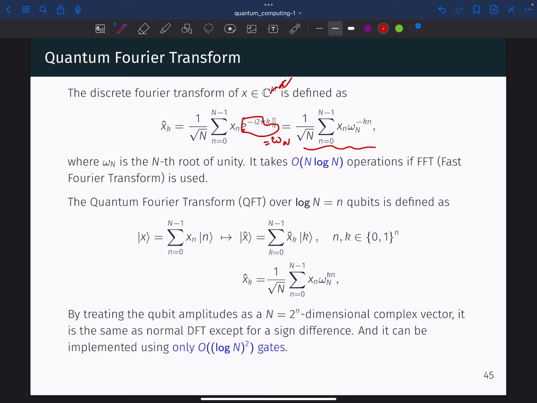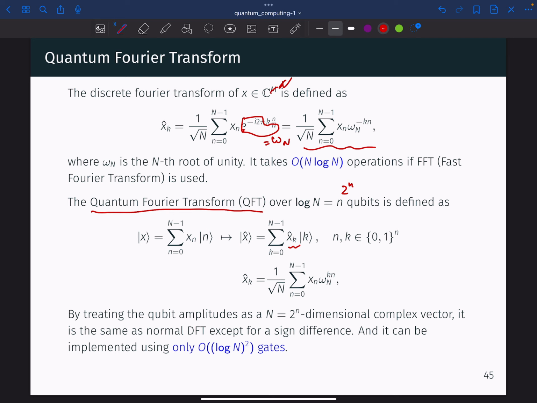Now, we can define the so-called quantum Fourier transform, which is effectively doing the same thing, but you use the probability amplitudes of your bit strings to store each individual term, the x_k hat here. Because for n qubits you have 2^n amplitudes, the number of qubits you need for this is only log n.